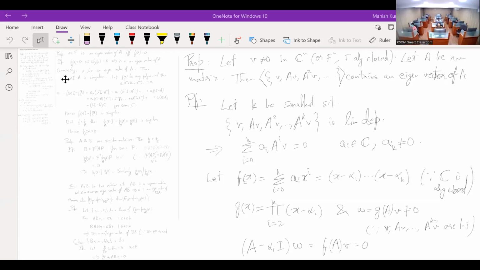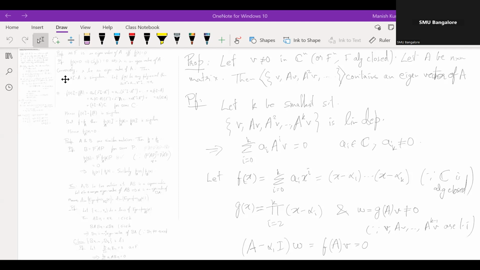If a_k is 0, then we'll get all the other a_i equal to 0, since k is the smallest with this property. So v, Av, A squared v, up to A to the power k minus 1 v are linearly independent. That is what we know from the choice of k.